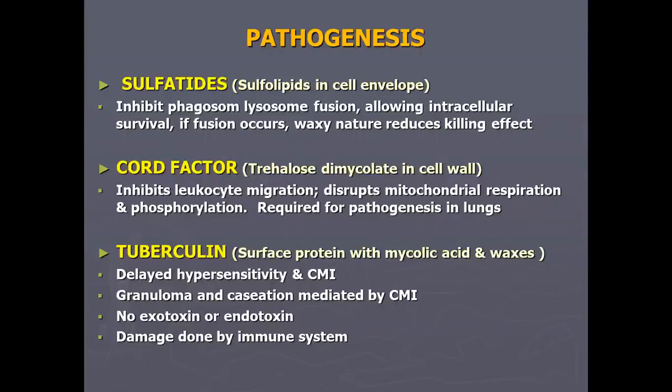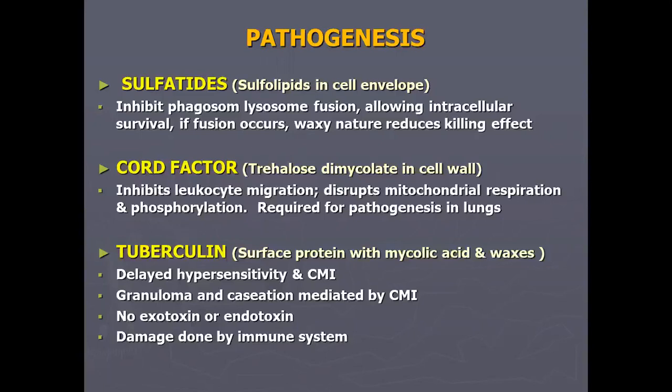The most important component present in the cell envelope that acts as a virulence determinant is the sulfatides, along with another chemical substance released by the bacteria, what we call the exported repetitive protein, abbreviated as ERP.